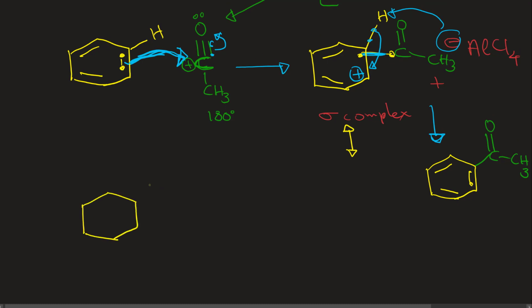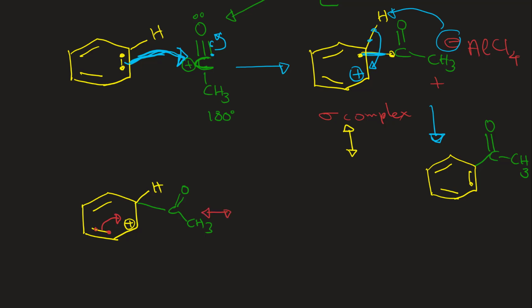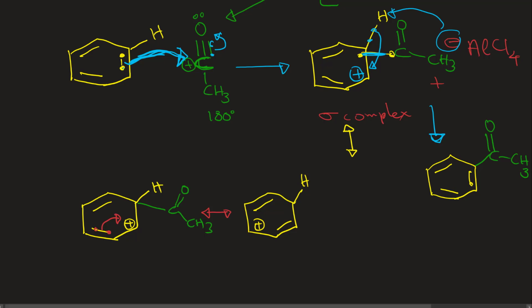Now, just for details of the resonance structure, I can show the first one we generated, and we should have the carbonyl functionality there, and then you have the positive charge. Now what you do in one direction, each time a pi bond moves to the positive charge and makes a new pi bond, and the positive charge moves one bond away. You keep doing that until you come back to the original structure. And that's how you get the three different resonance structures. It's a good idea to go in one direction.